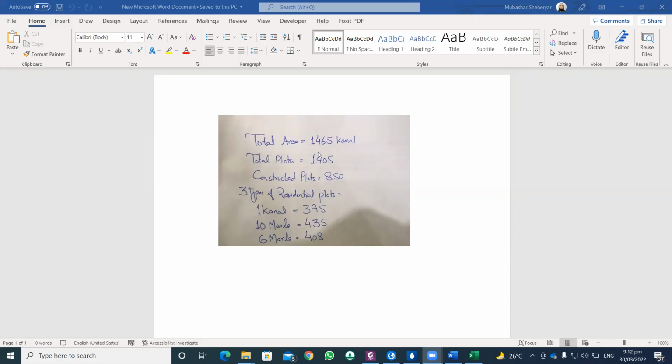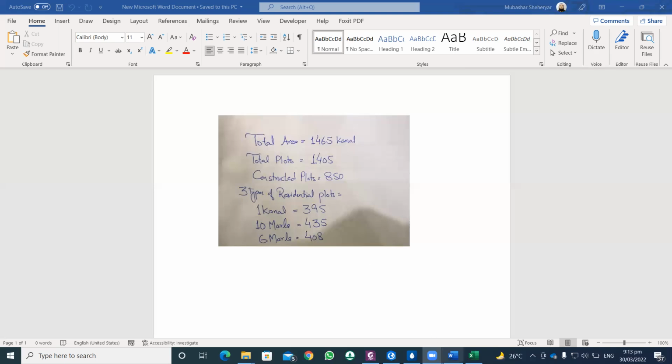Here I'm simplifying the problem, just considering the total number of plots. Some of the plots are not yet constructed, but the rate I will be applying will be less, not that high, otherwise it will project the present population very high. So I will be using about 1.5% increase to project the present population up to 30 years or 25 years.